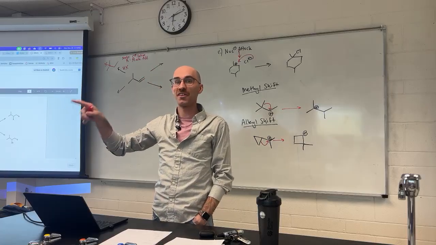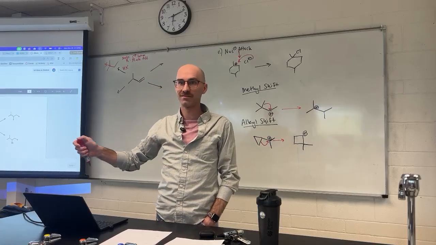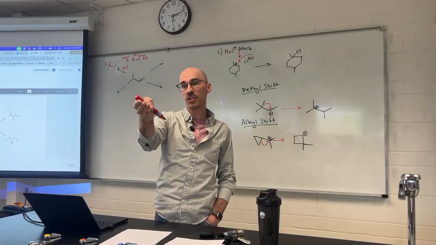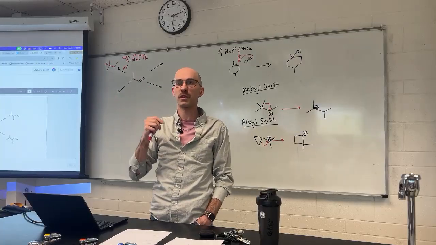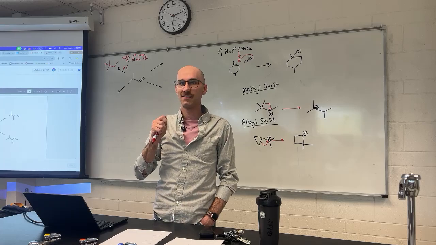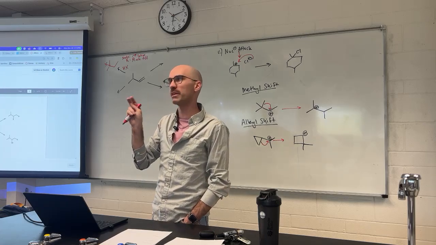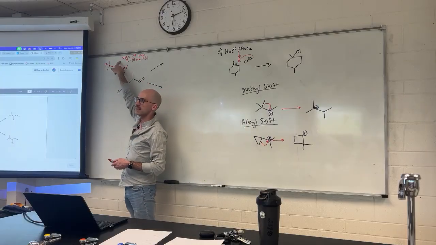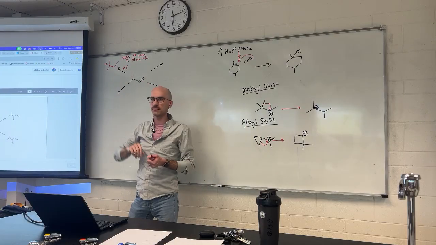Carbocation forms on the most substituted carbon. That's what Markovnikov missed. And because there's a carbocation, there's the potential for rearrangements. But Markovnikov's rule just means hydrogen adds to the carbon with more hydrogen. CH2 becomes CH3.